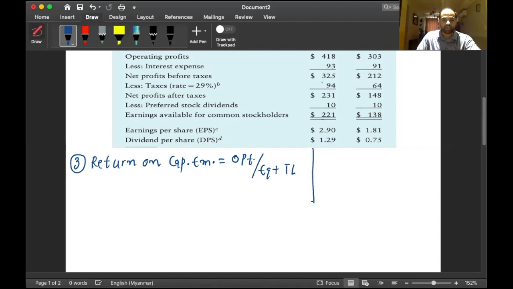So you have to calculate for 2003 and 2002 and say good or bad. So calculate return on capital employed and give me the answer.